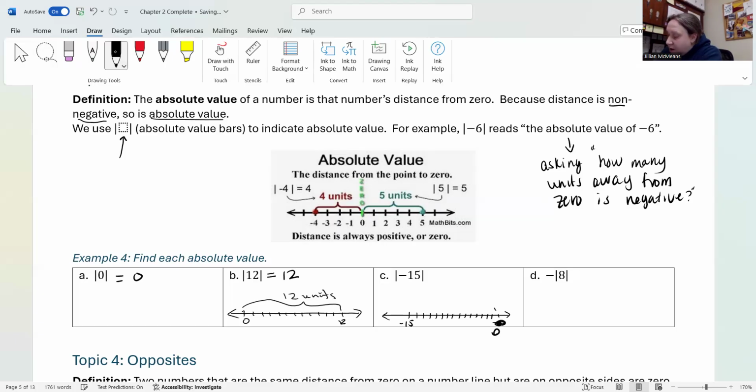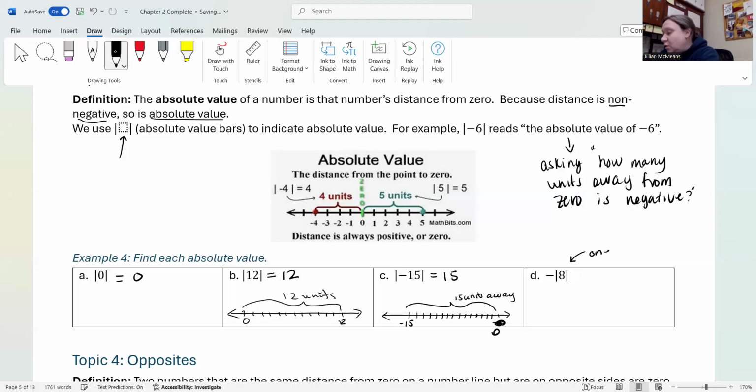So you can see now that -15 is 15 units away from zero. Yes, it happens to be 15 units to the left, but we're just interested in the fact that it's 15 units away from zero. Whether to the left or to the right, it's still going to be 15 units away. So the absolute value of -15 is 15.